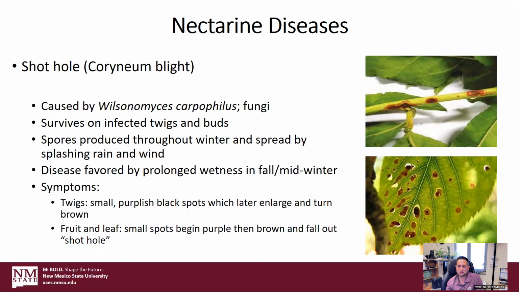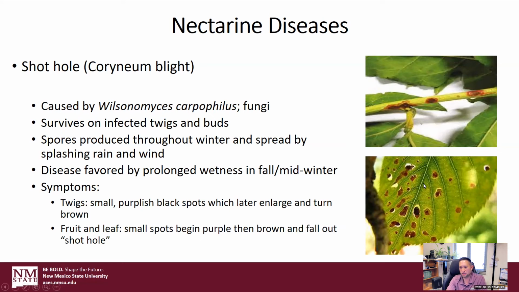This disease does like prolonged leaf wetness, like in the fall or midwinter. For some symptoms on these twigs, you can see in this upper picture, small purplish black spots. They start enlarging and then turning brown.